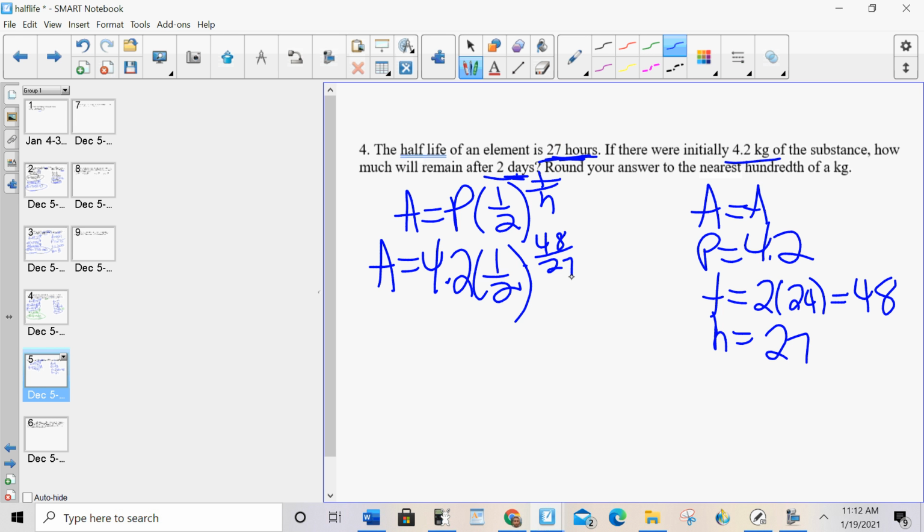So again, the concept for this question: make sure your units match. If this is hours and this is days, make sure that they match. It's easiest in this case to go to hours.